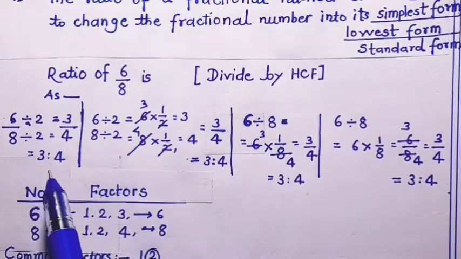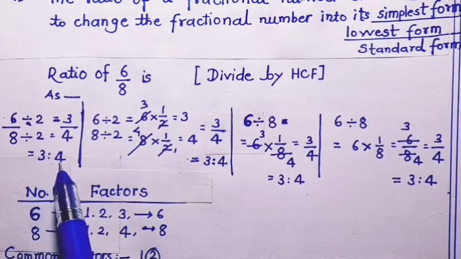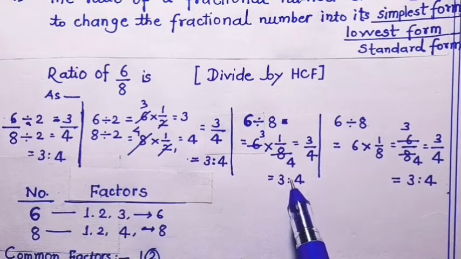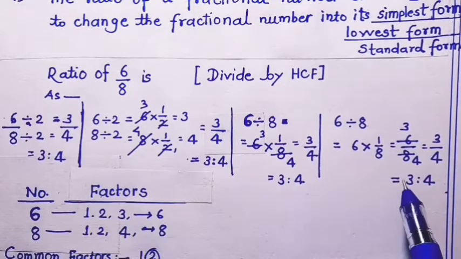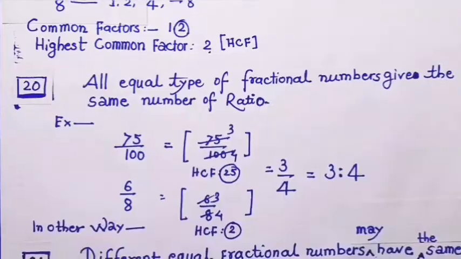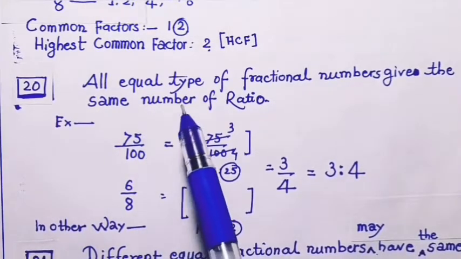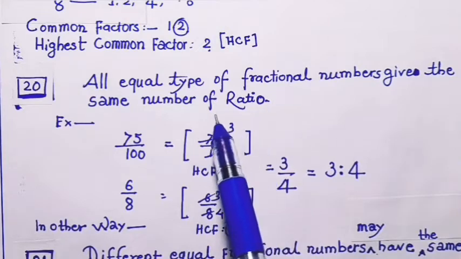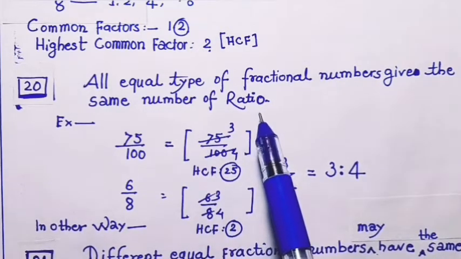The result is 3 to 4. In this way also 3 to 4, and in this way also 3 to 4. All equal fractional numbers give the same ratio.